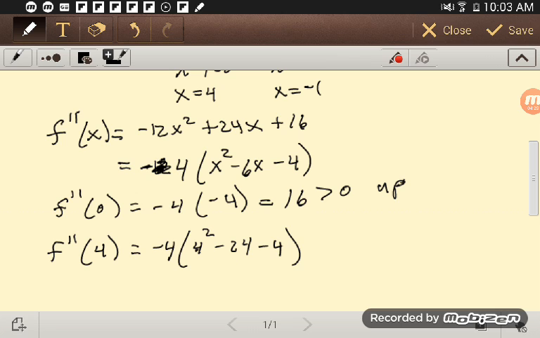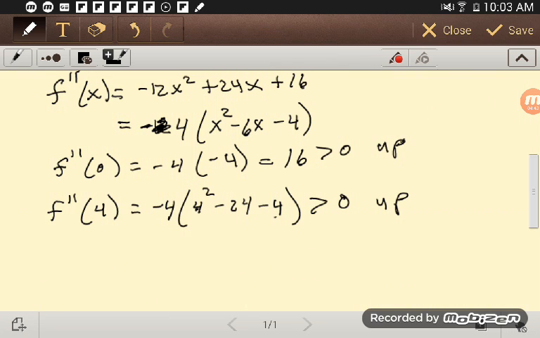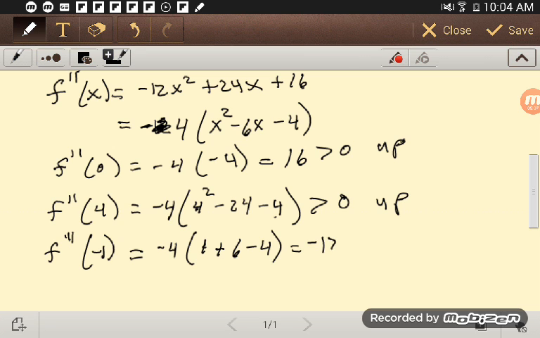I've got 16 and minus, so I'm not sure what the number is, but it's greater than 0. That looks like it's concave up. And then finally at negative 1, f double prime at negative 1 is negative 4 times, put in negative 1, I'll get 1, and then plus 6 and minus 4. That's 7 minus 4 is 3. So this is equal to negative 12, which is less than 0, and that's down.